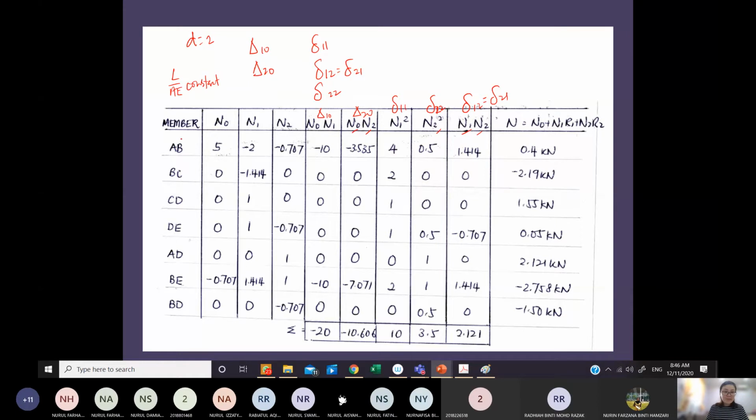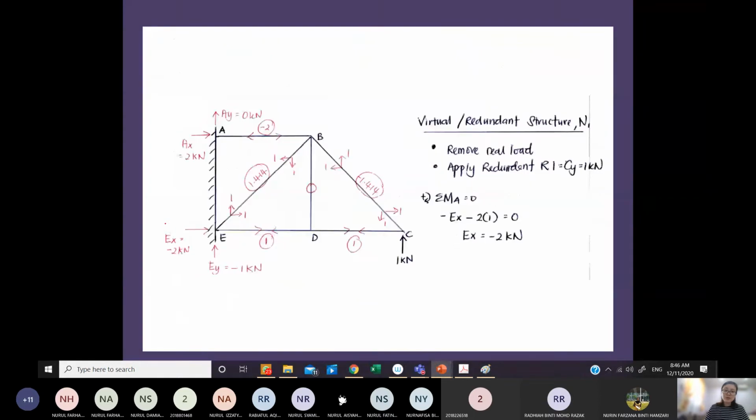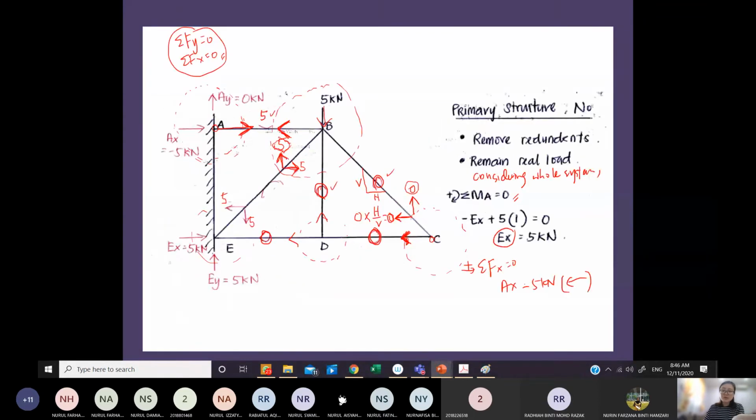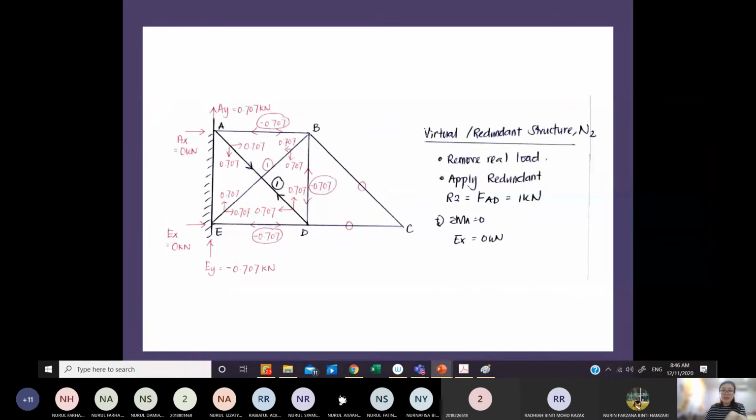So now we have AB, BC, CD, DE, AD, BE, BD. All the members, including the one that you are going to remove, AD. In your primary structure you don't have any force in AD, but you still need to put it in, because in the n2 you have this 1 unit force for this FAD.